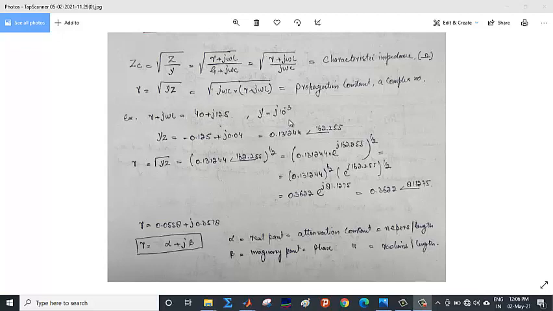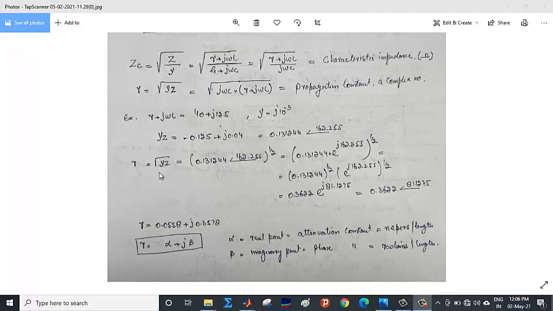And Y, the total shunt admittance of the line, was given as 10 to the power minus 3, so Y is equal to j 10 to the power minus 3. So YZ, when I multiply these two, comes out to be minus 0.125 plus j 0.04, and in polar form it will be 0.131244 at an angle of 162.255. Now I have to calculate gamma.